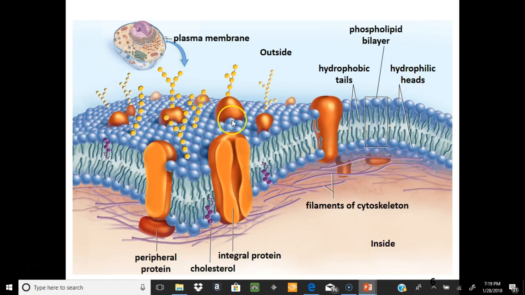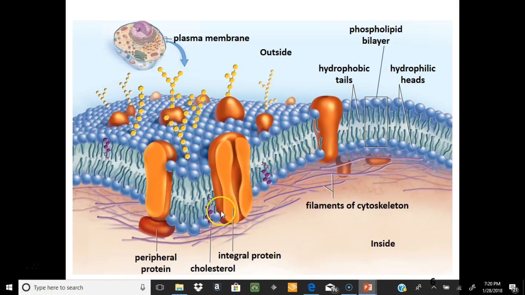This is animal plasma membrane. So here we have the phospholipids. Some of the phospholipids have these little carbohydrate groups attached to them. That would be called a glycolipid. If the carbohydrate is attached to a protein, it's called a glycoprotein.